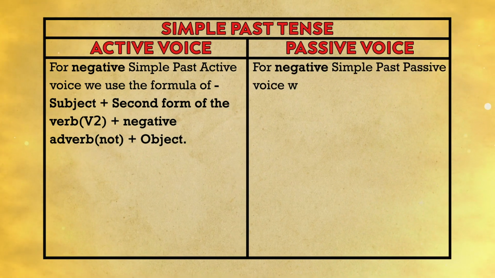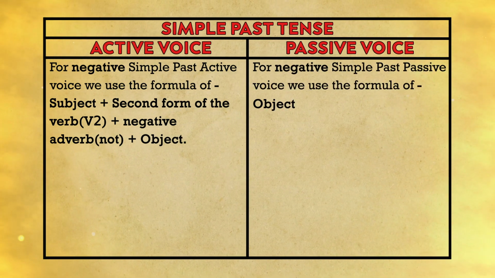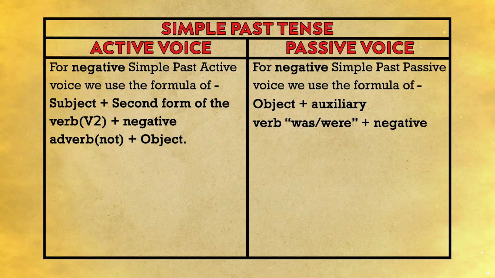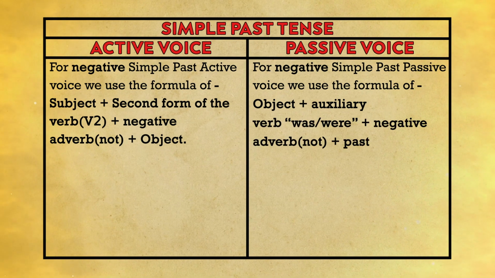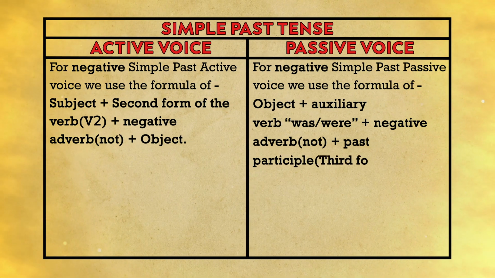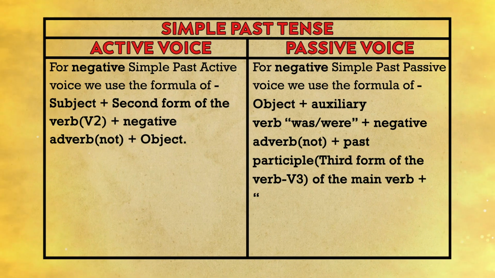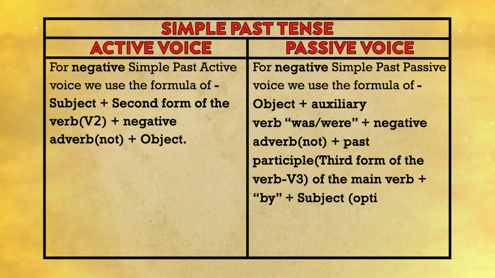Then when we change it to the passive, it will be object plus auxiliary verb was or were plus not plus past participle, that is V3 of the main verb, plus by plus subject.